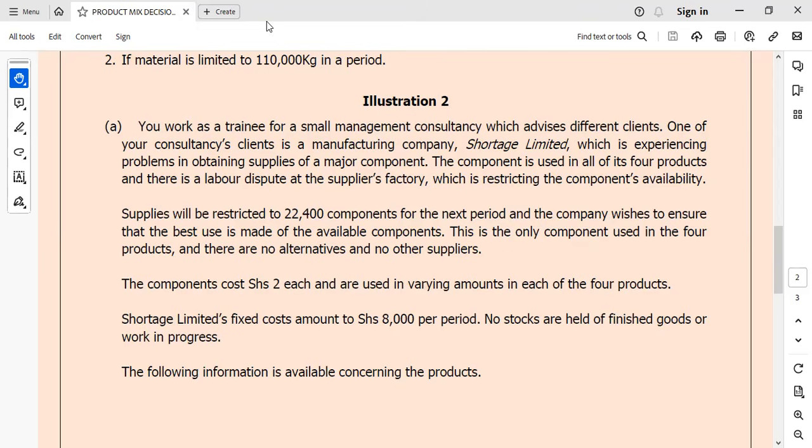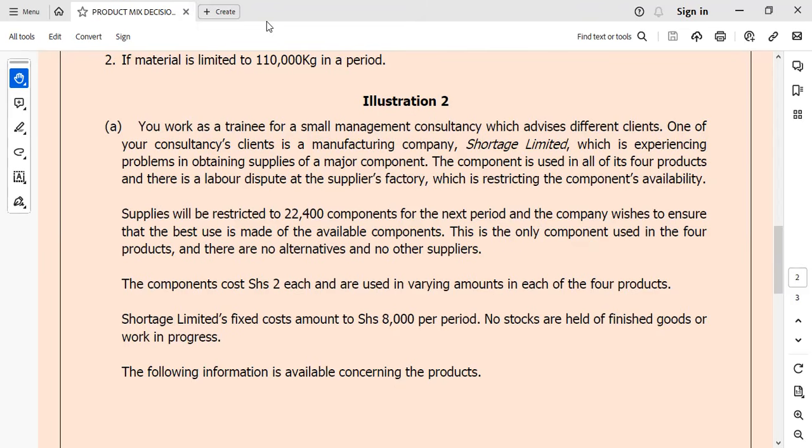The components cost shillings 2 each and are used in varying amounts in each of the 4 products. Shortage Limited's fixed costs amount to shillings 8,000 per period. They are giving us the fixed costs per period. No stocks are held of the finished goods or work in progress.